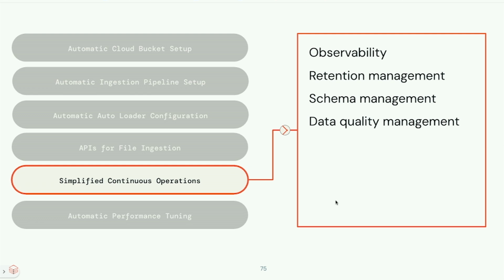So you get, as I mentioned, out-of-the-box observability, schema management, data quality management, and retention management. To give you a flavor, with traditional Auto Loader, you can specify the schema evolution mode.